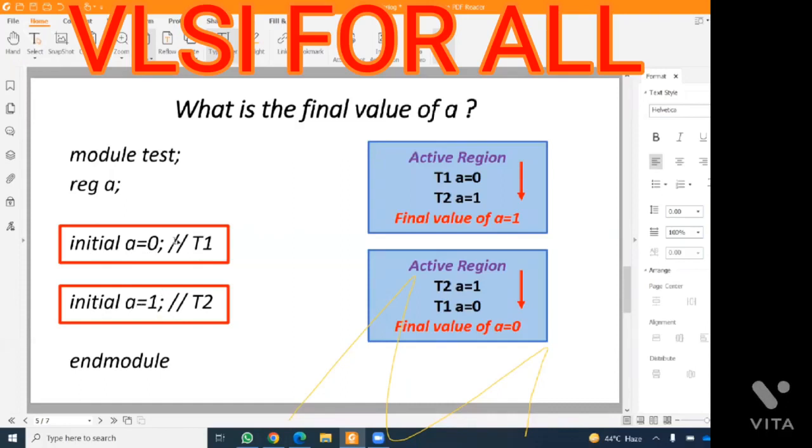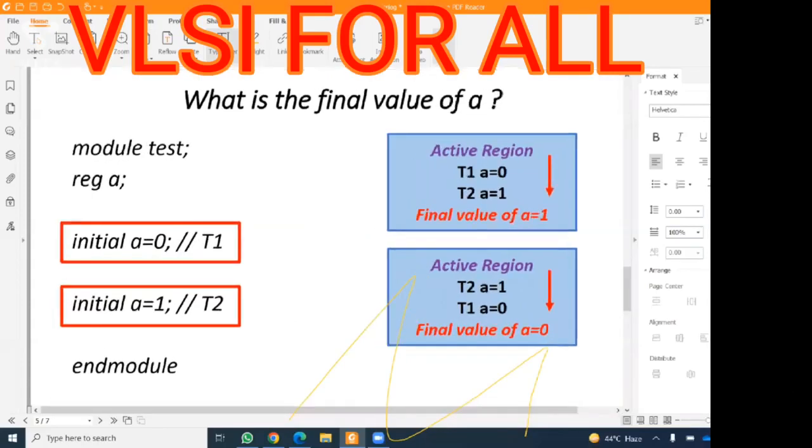Now, the question here is: LRM says that all initial blocks, each and every initial block in the entire module, will start executing in parallel at 0 nanosecond. What is the value of A in this case? If I print A, will I get 0, 1, or X? What is the value I will get?